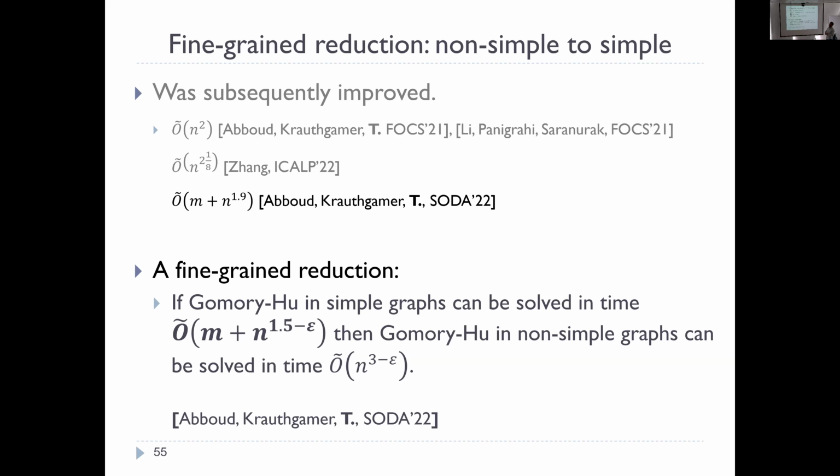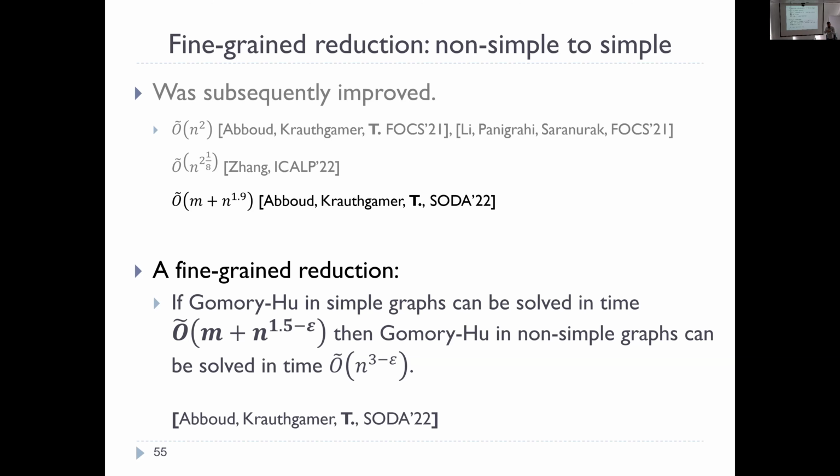So what we show is that if it was indeed the case that the Gomory-Hu tree in simple graphs can be solved faster, so maybe not even in near linear time, even maybe just faster than n to the 1.5, then you can also solve Gomory-Hu tree in non-simple graphs, right?